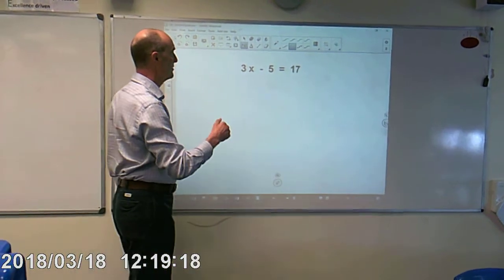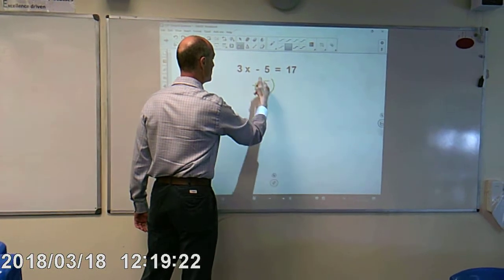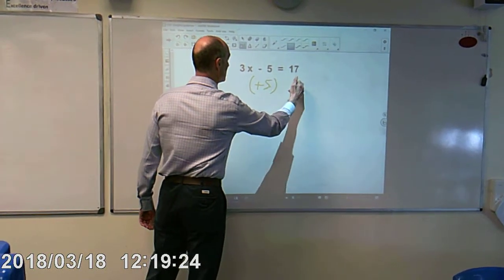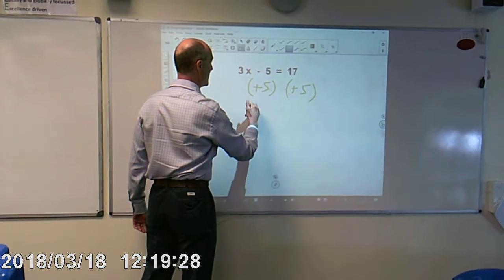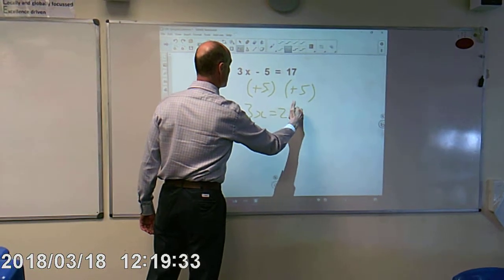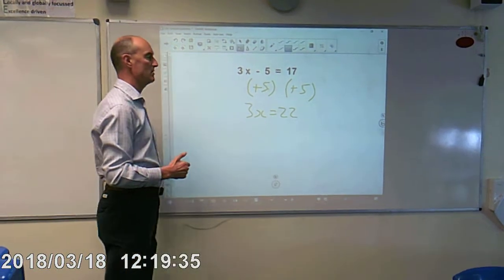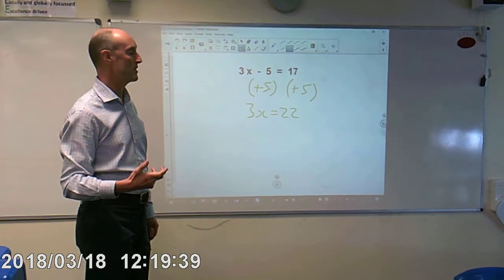Last example I'm going to do in this sort of batch, add 5 to both sides. So now 3x equals 22. Slightly different here. No one has said we've got to have a whole number value for x.